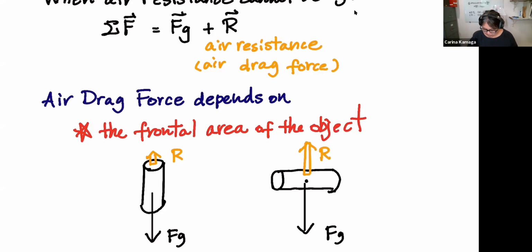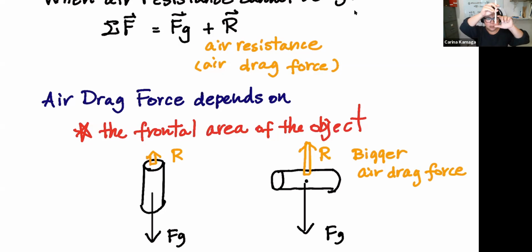So in this case, it's going to be a bigger air drag force. So it depends on the cross section, how much frontal area the object presents. It's the same object, but they'll experience a different air resistance, air drag force.